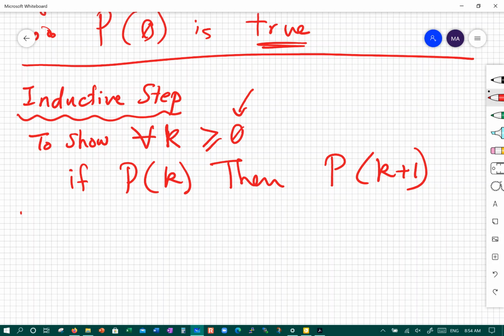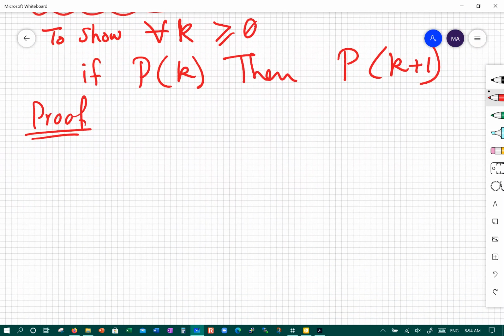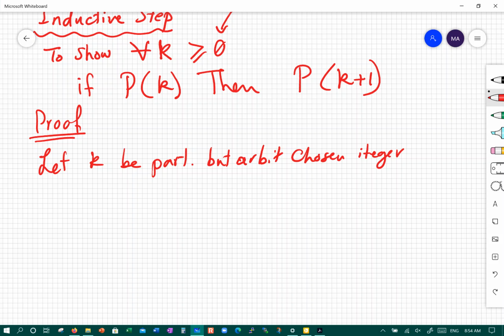So to prove this statement, we would say: let k be a particular but arbitrarily chosen integer greater than or equal to 0, such that what?